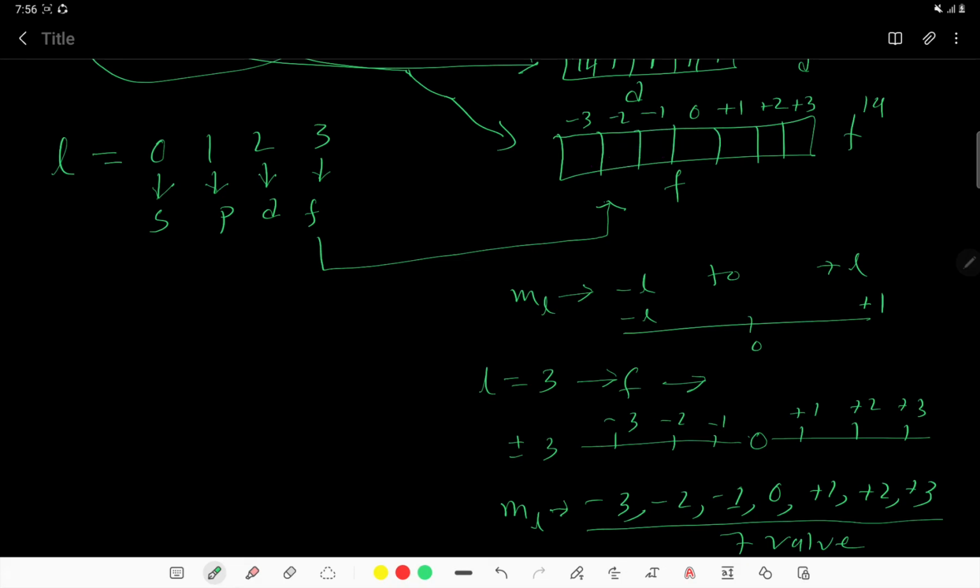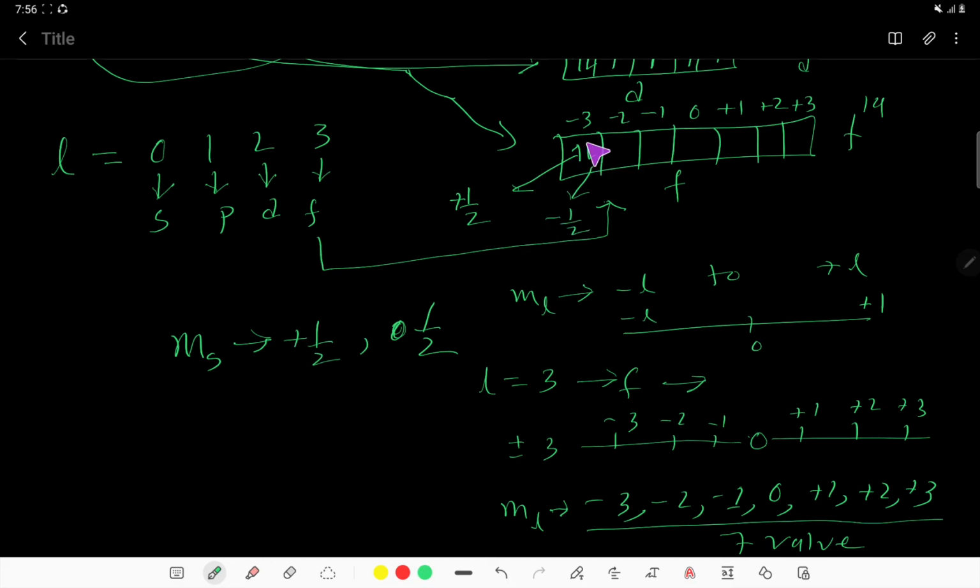So now we have another quantum number that is called ms, that is the spin quantum number. It has only two values, +half or -half. You know that when you place two electrons here, this electron will have +half spin quantum number, but the second electron must have -half spin quantum number.